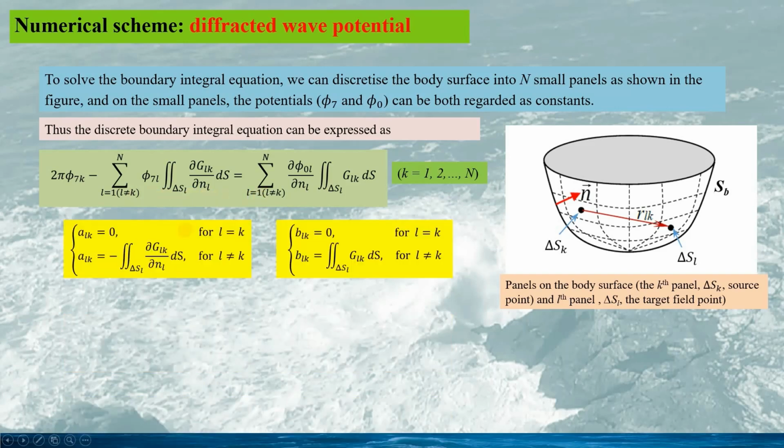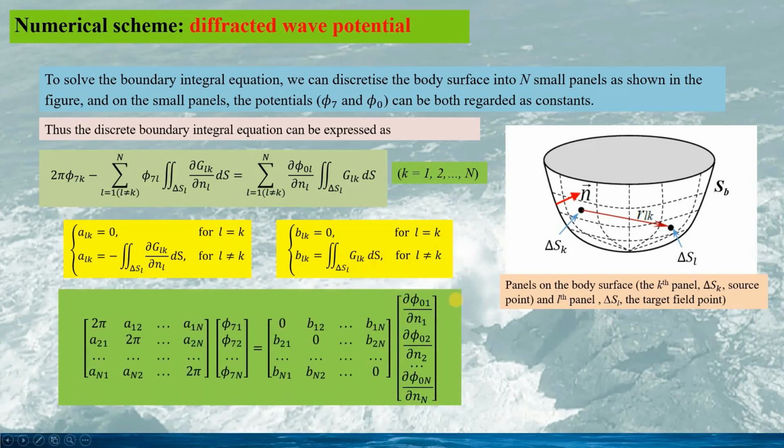So if we define the coefficient A_lk equals 0 when l equals k, and A_lk is given as this formula for l not equal to k, and B_lk given by this formula, we can have the simultaneous equation for the diffraction problem, which can be used to solve the diffraction potential phi 7.